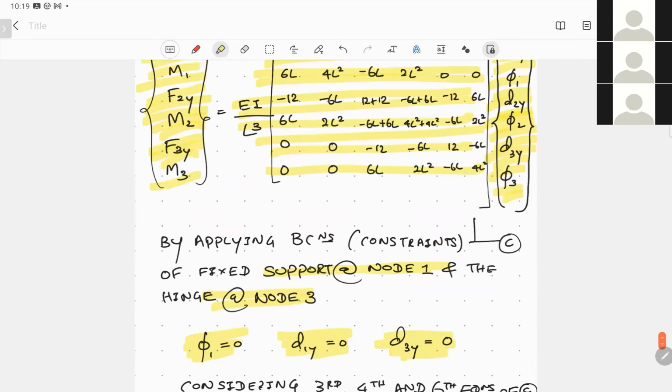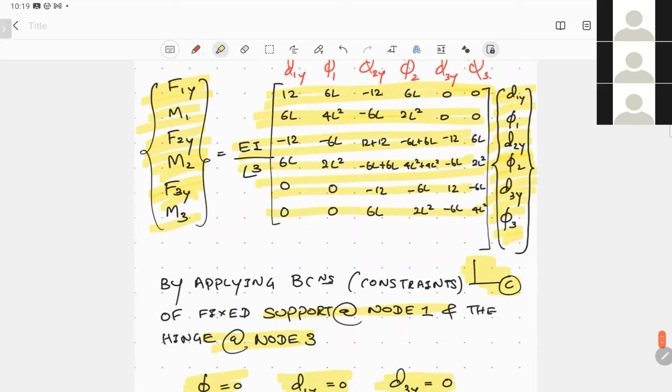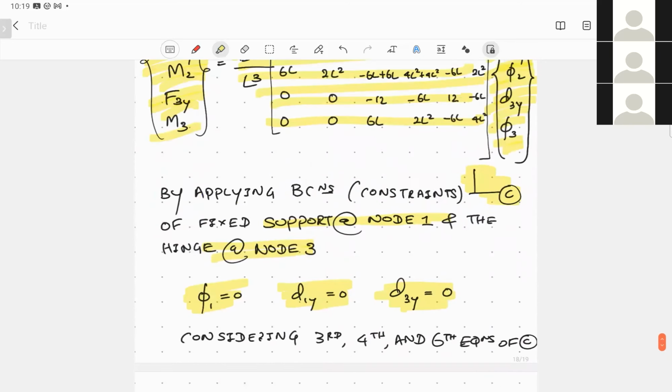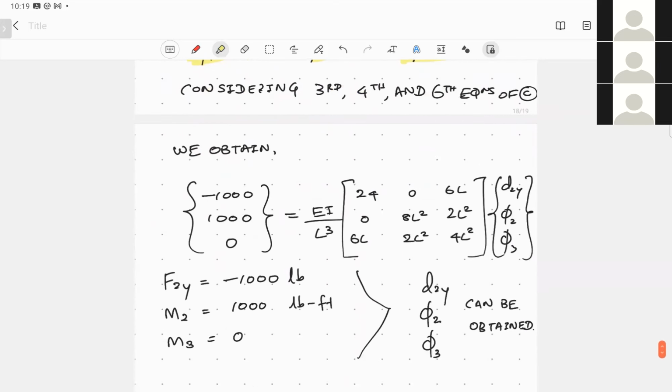You apply these boundary conditions in this equation C, and you try to reduce the equations, or only take the corresponding matrices, the ones where you had to multiply by zero values.